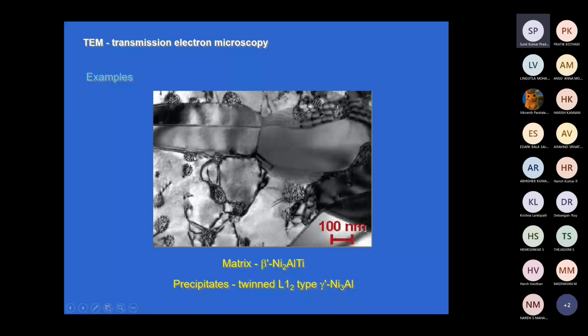You can see the 100 nanometer scale bar, so from the scale bar I can easily estimate that the grain size is somewhere around 100 to 150 nanometers. So this is one example.